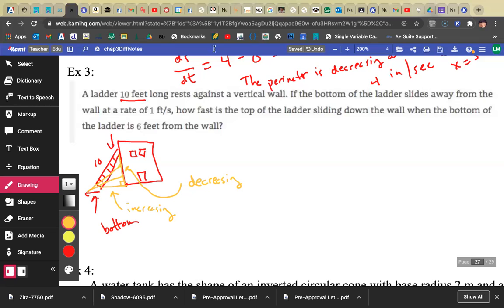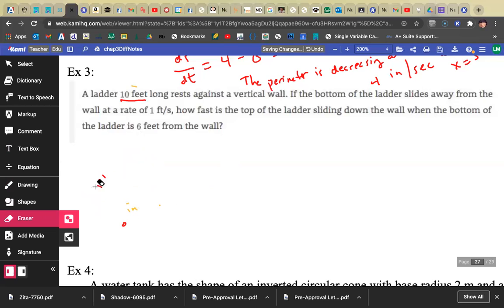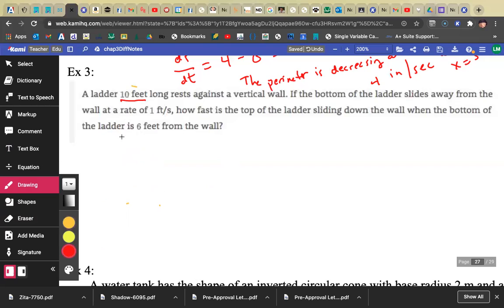All right, so now I'm going to go ahead and label those. I'm going to get rid of that picture for right now, so I have some more space here. I'm going to make a picture without all of the extra context. So basically I have this right triangle.